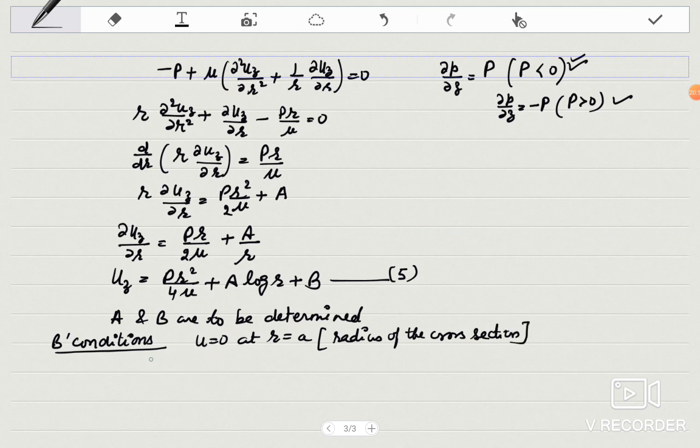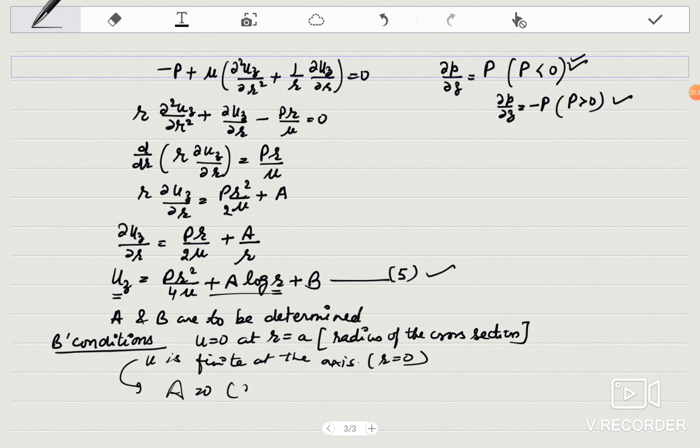And second condition is that u is finite at the axis, means at r is equal to 0. From expression 5 we see that because at r is equal to 0 your u has to be finite, necessarily this term has to be 0, and for that this condition implies that a is equal to 0 necessarily.